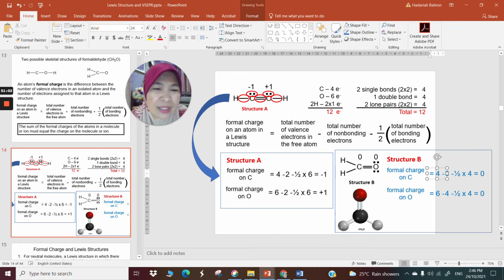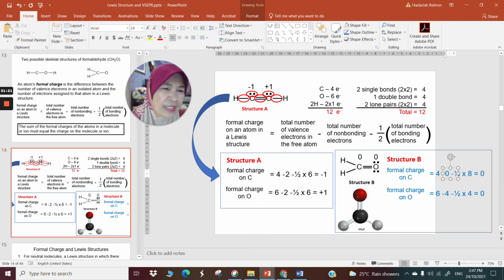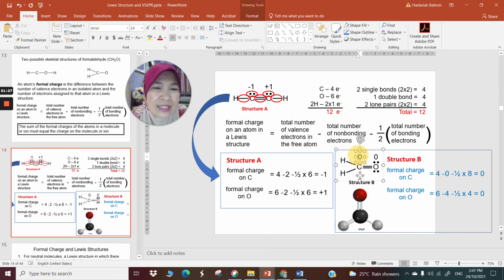Well, the 4 bonds make for 8 electrons. Half of 8. Sorry, this is not 4, half of 8. So 4 minus 0 is 4, minus 4 is 0. So in this situation, your carbon is having a 0 formal charge.